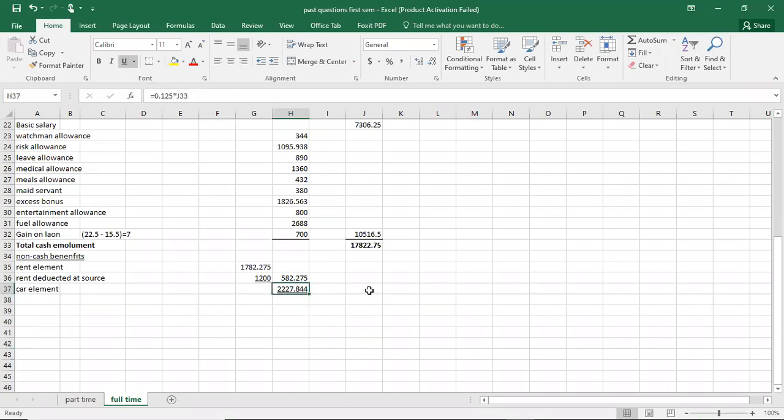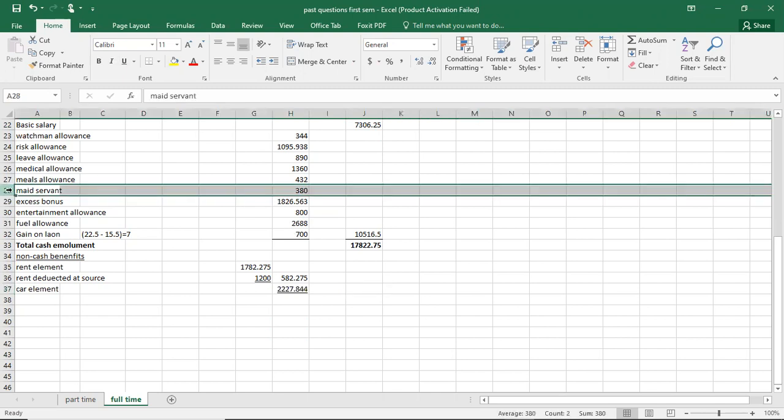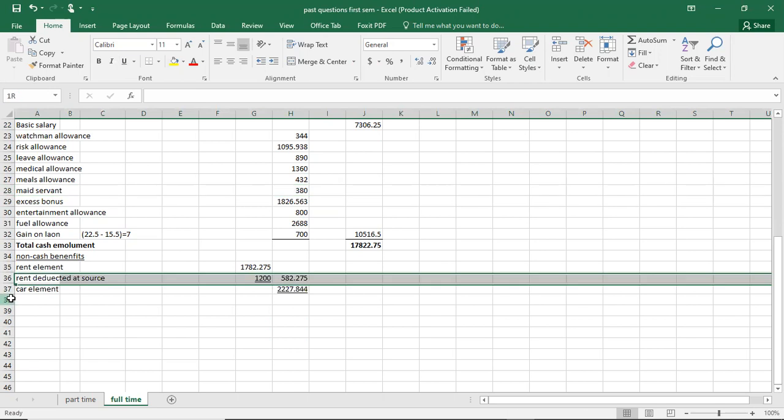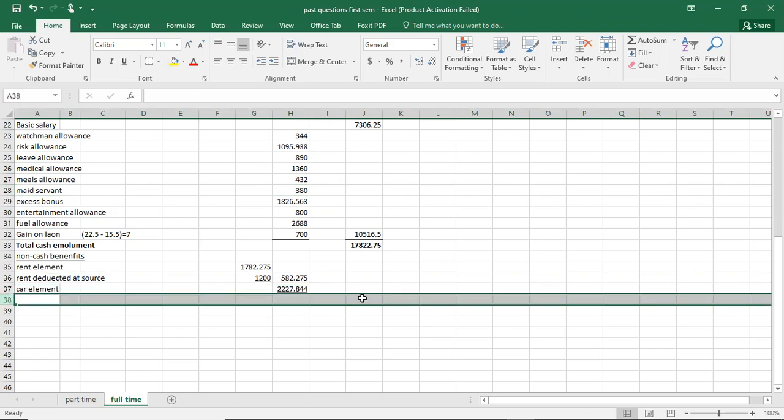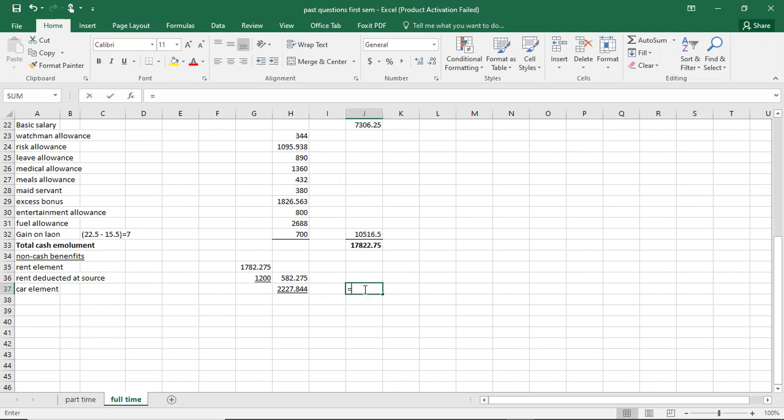So the maid servant's money is paid to the man directly, so it is here. Assuming it is paid to the maid servant directly, we would have brought it here. So you should take note. So therefore, our total non-cash benefit is going to be equal to this and this added together. We'll get 2810.119. Summing the two together gives us what you call total assessable income.